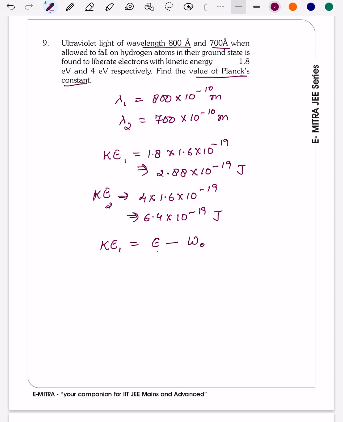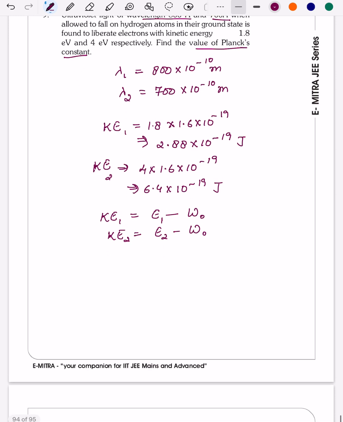So KE1 will be equal to E1 minus W0, and KE2 will be equal to E2 minus W0, and the threshold energy will be the same because in both the cases we are talking about the light which is falling on hydrogen atoms in ground state.